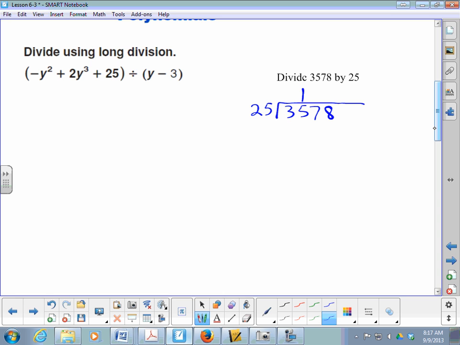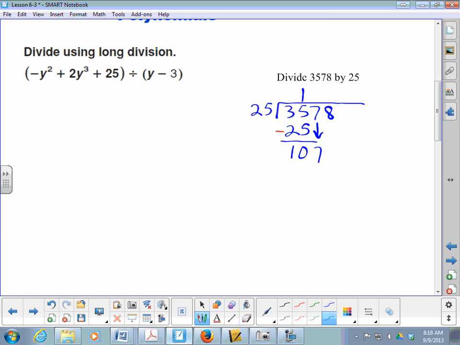We put it over the 5. And then what do we do with it? We multiply, right? And then subtract. So 1 times 25 is 25. And then we subtract that, and we get 10. What happens after that then? All right, bring down the 7.